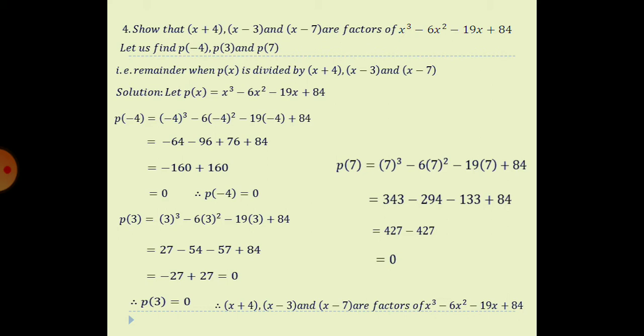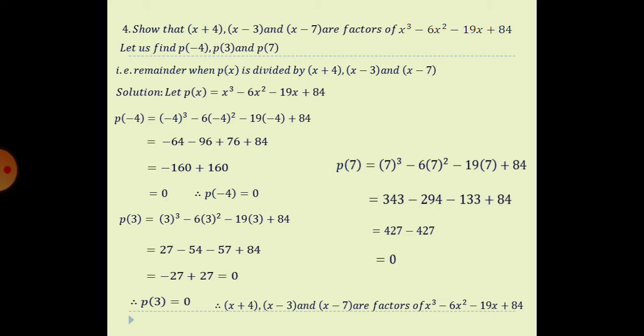Now let us see the second polynomial, whether it is a factor or not. Is x minus 3 a factor of p(x) or not? What is the zero of x minus 3? It is plus 3. So now let us find the remainder, that is p of 3.